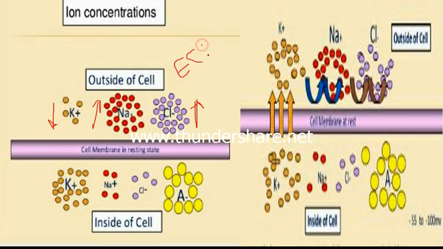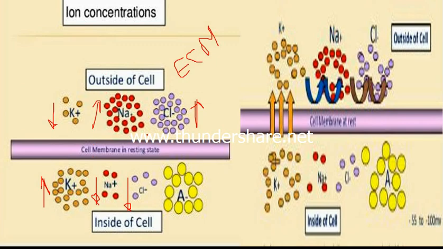These are high in the extracellular matrix, and on the inside of the cell the potassium level is high, and these 2 ions, sodium and chlorine, are less. And you can easily say that only potassium is low on the outside and it is high on the inside.